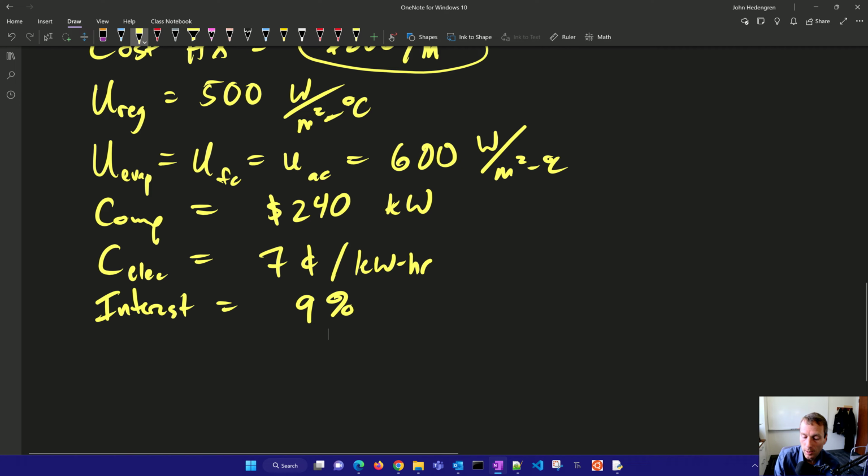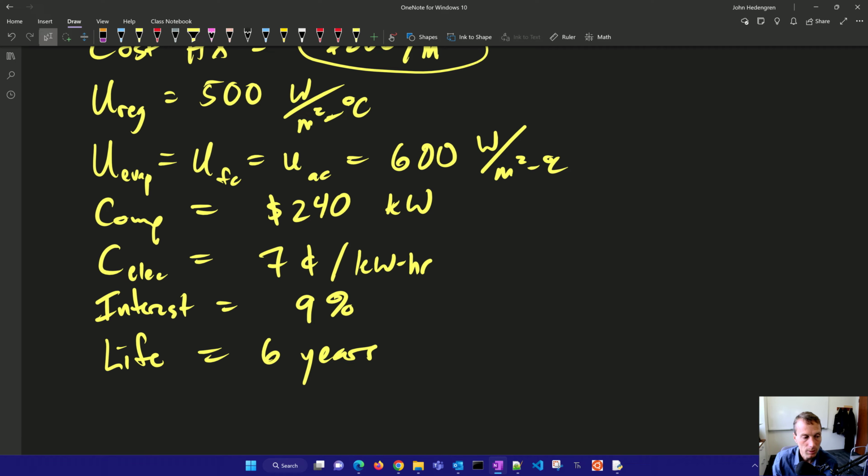And then the life of the plant, we're just going to assume 6 years, as we mentioned before. So that's the interest calculations. We're going to go out over 6 years. And then the cooling water, we mentioned it enters at 30 degrees and leaves at 35 degrees.